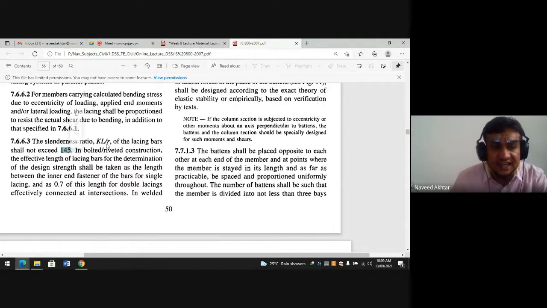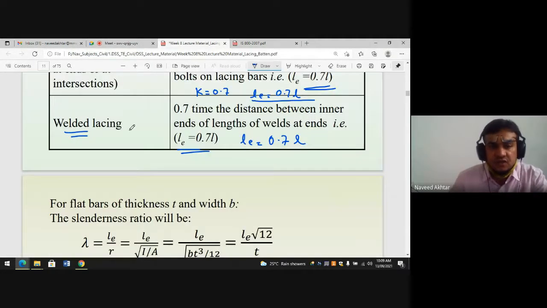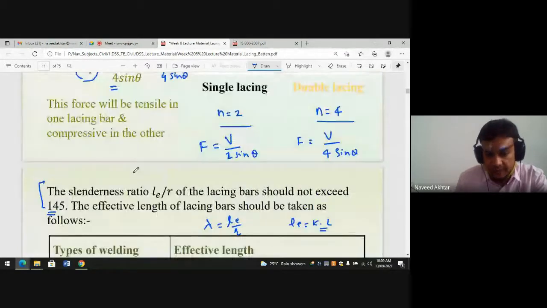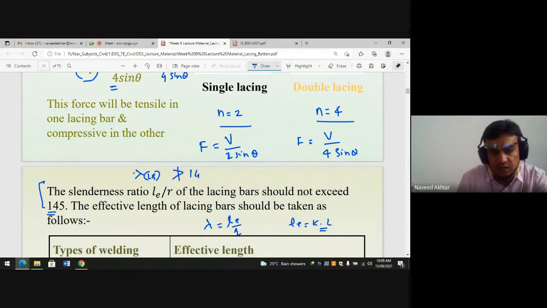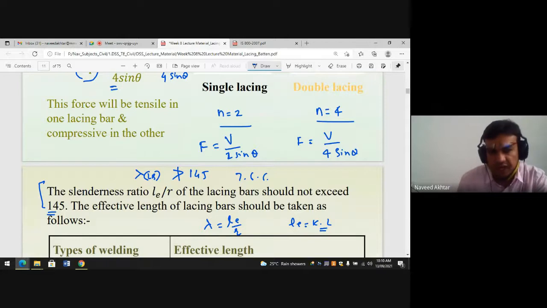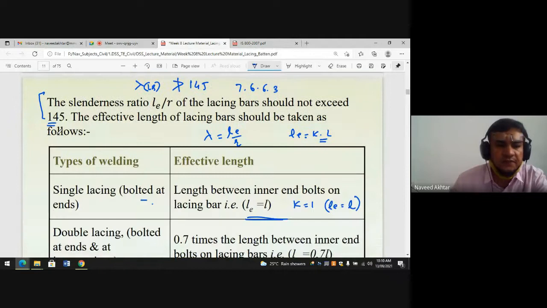So this is the slenderness ratio of the lacing bar, not the laced column. Okay, that should be remembered in your mind. Lambda of the lacing bar should not be greater than 145 as per clause number 7.6.6.3.